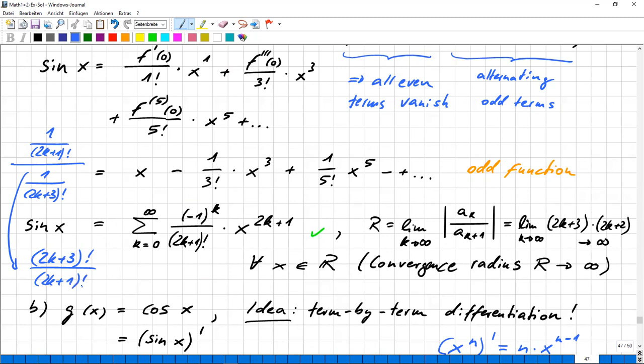And now the important fact is that everything inside here is also contained here. All the factors, because this is a lower number, except for the upper two factors, which remain. So what remains is this factor of 2k plus 3 times the previous number, which is 2k plus 2.